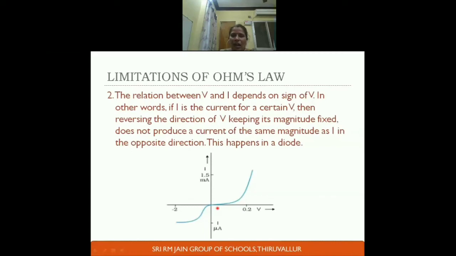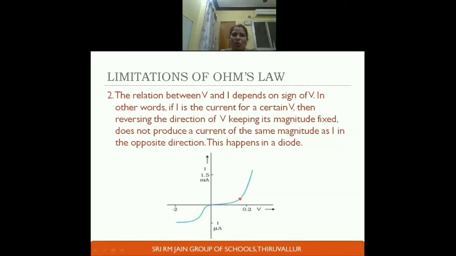In this part of the graph, initially the current is not increasing, but after a certain voltage the current increases. Now we send the same magnitude of voltage in the reverse direction, but look at the variation of the current here, which is not similar to the first part.